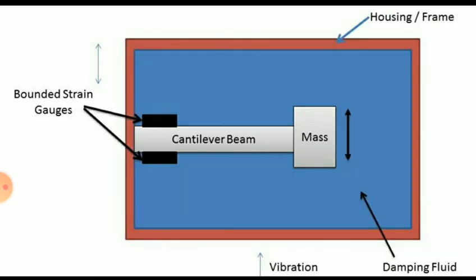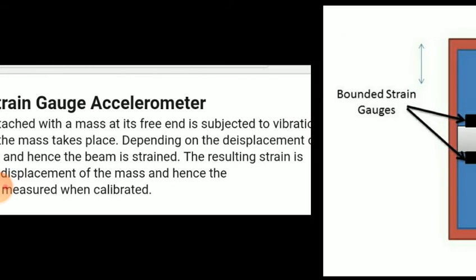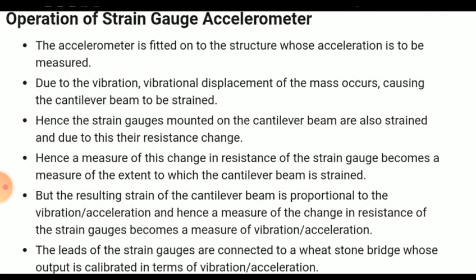Now the electrical strain gauges may also be used for displacement. Regarding the construction, a seismic mass is mounted on a cantilever beam. A strain gauge is mounted on each side of the cantilever beam in order to sense the strain in the beam resulting from vibrational displacement of the mass. Damping is provided by completely filling the housing with a viscous fluid.